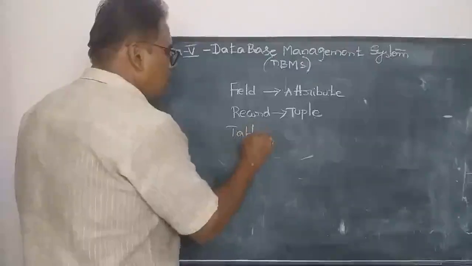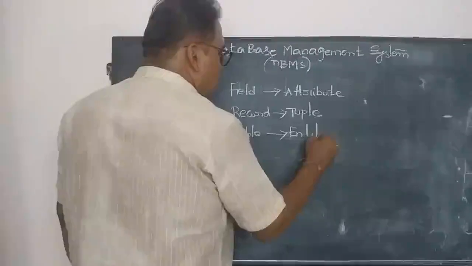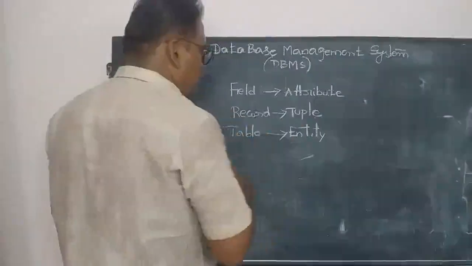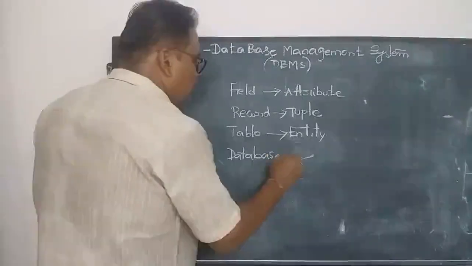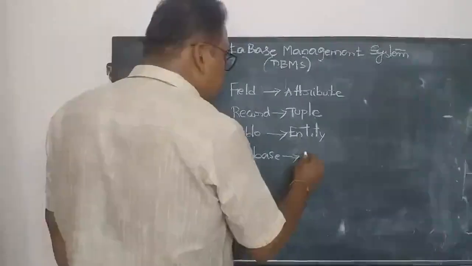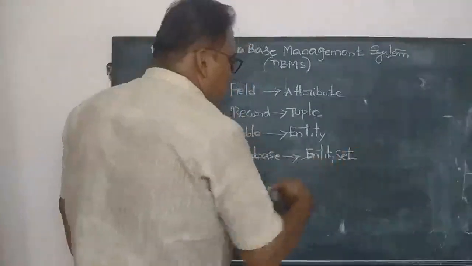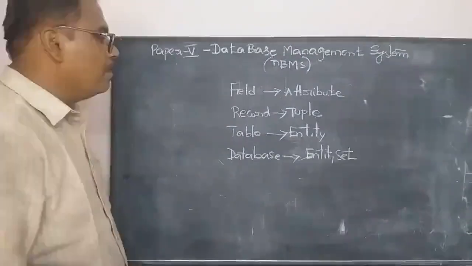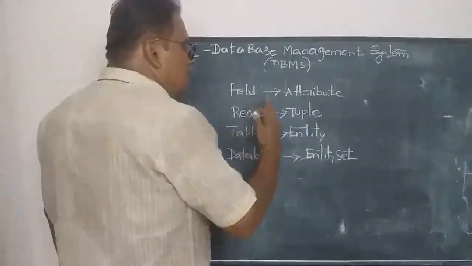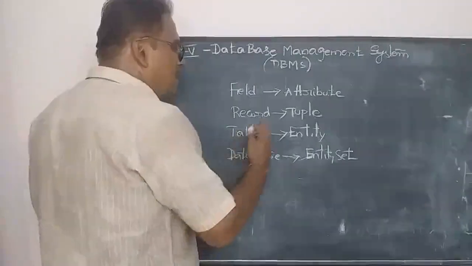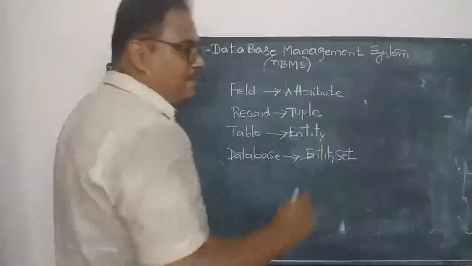Table is also called an entity. Database is also called an entity set. Field can be called an attribute, record a tuple, table an entity, and database an entity set.